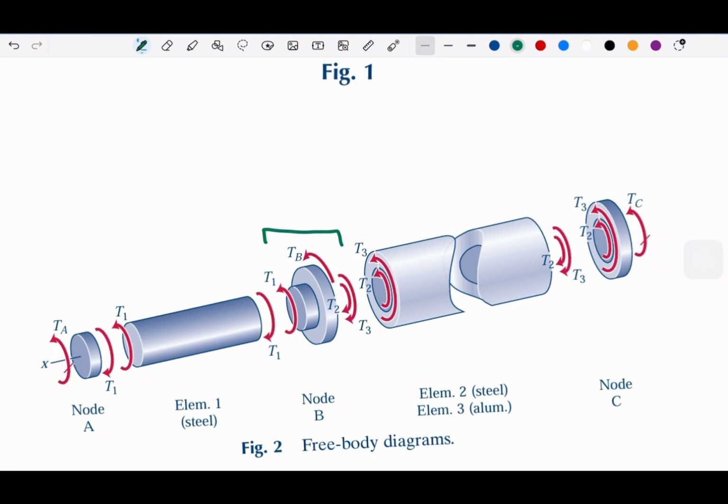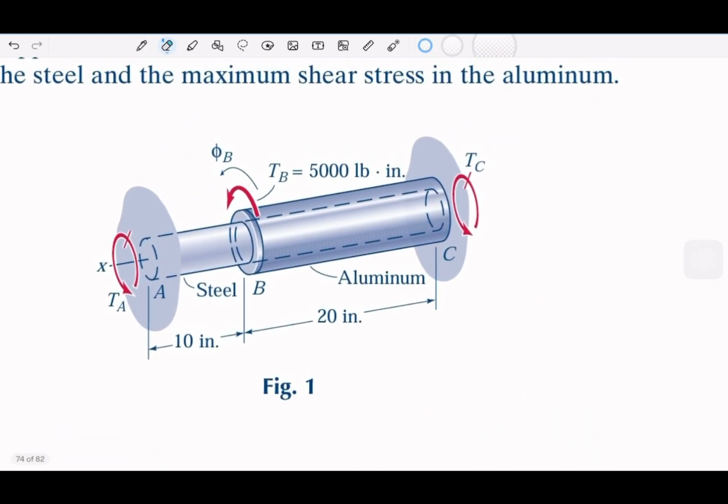So we may have reaction torques T1 and T2, and also, before we start to cut, we already see that when we apply TB, there will be reaction torques at A and C, which counter the torque at B, right? And then we slice.